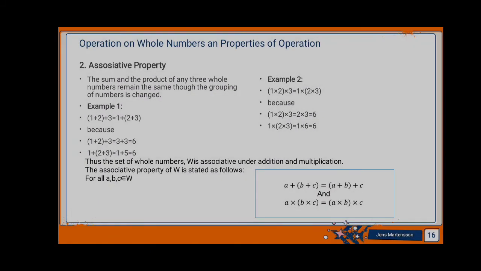Second, associative property. The sum and the product of any three whole numbers remain the same even if the grouping of numbers is changed.